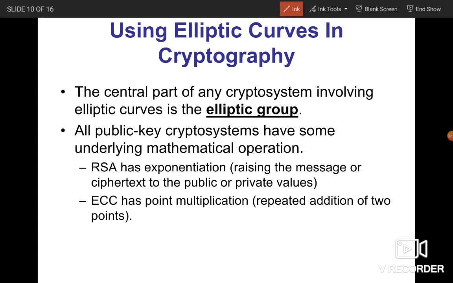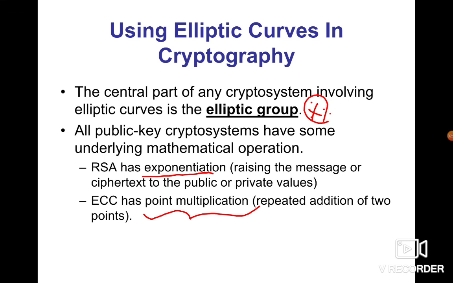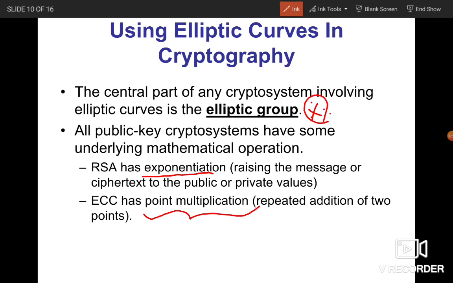The central part of any cryptosystem involving elliptic curves is the elliptic group. Usually public key cryptosystems have some mathematical operation. For example, in RSA, we use the concept of exponentiation. In ECC, we use the concept of point multiplication, that is repeated addition of two points.